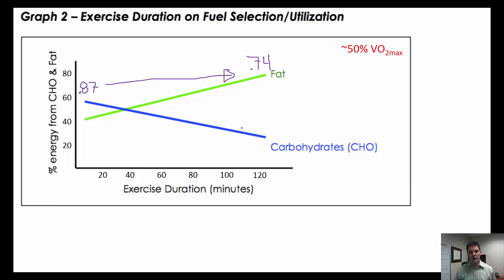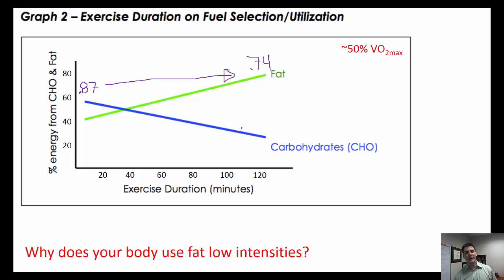So similar to our previous question, we say, well, why does our body use fats at low intensities? What's the physiology, and does it make sense to have that transition from carbs to mostly fats in these scenarios? The primary reason, the reason that we highlighted earlier in class, is because we have a limited storage of carbohydrates and a massive storage of fats.